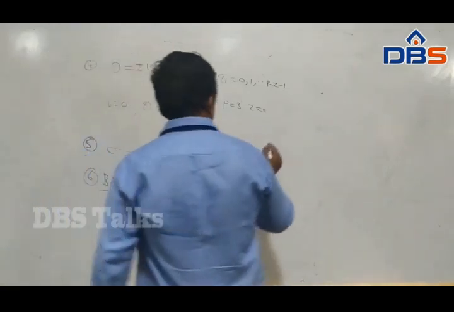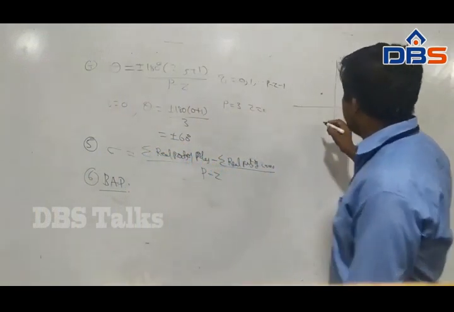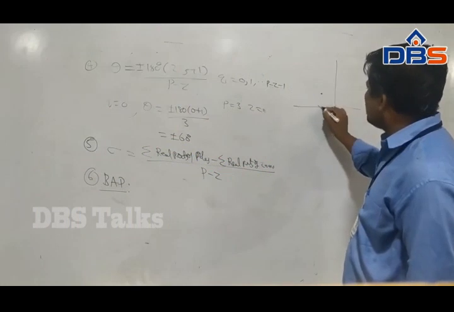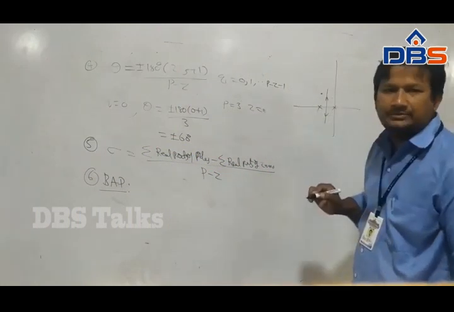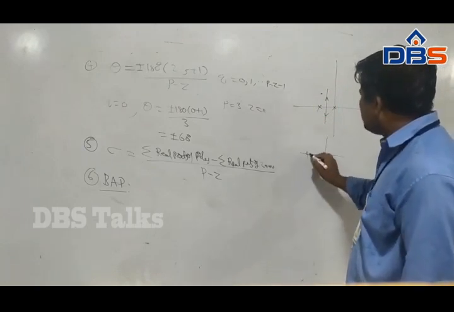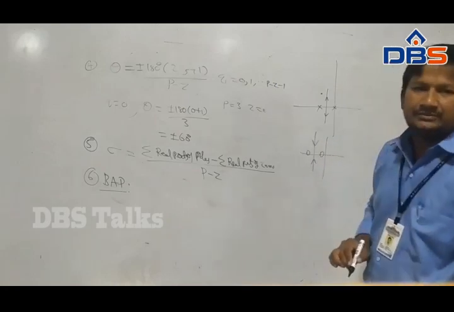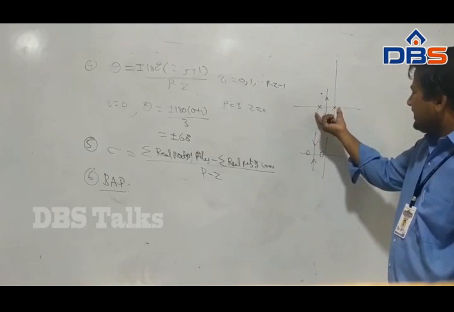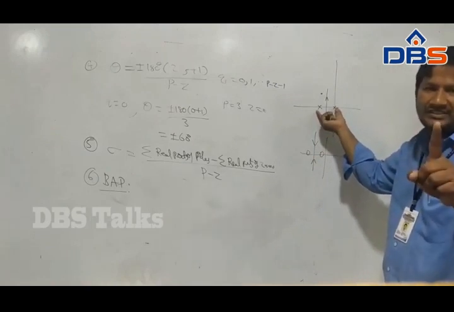Suppose there are two poles on the real axis, then always a breakaway point will exist. Suppose there are two zeros on the real axis, then always a breaking point will exist. Simply say that in between any two poles, one breakaway point exists.